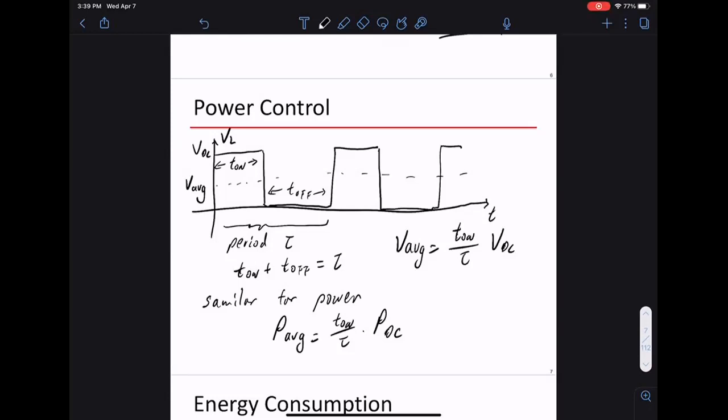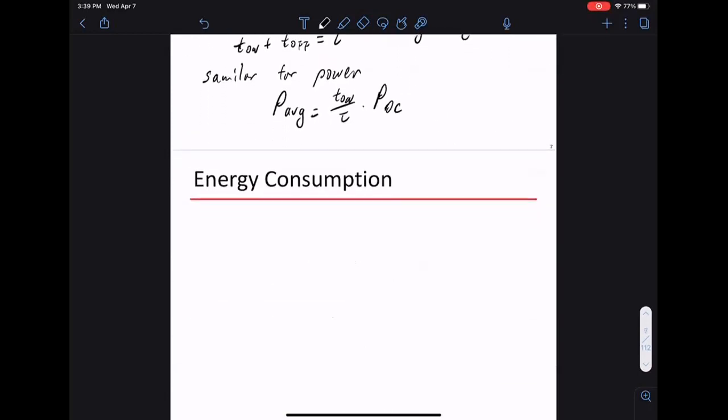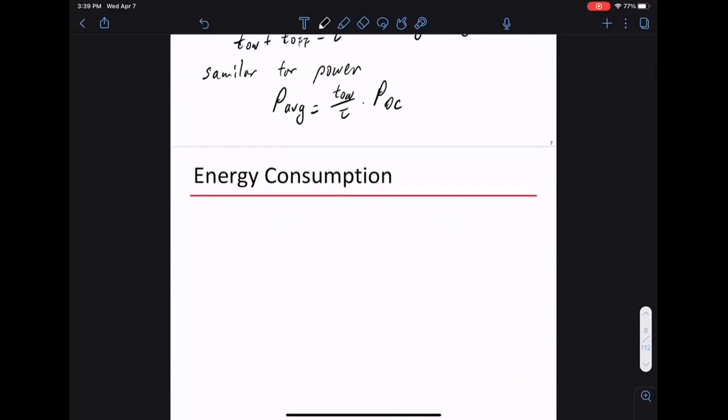So this is similar to energy as power, right? If you look at the energy consumed, let's say E is energy, this is also similar to that. The energy you consume is simply a fraction of the energy you would have delivered if you did not have a switch.